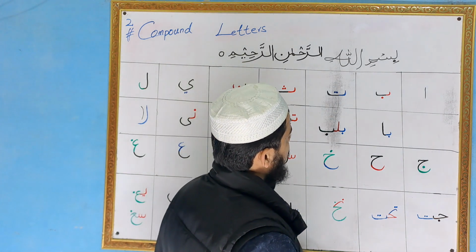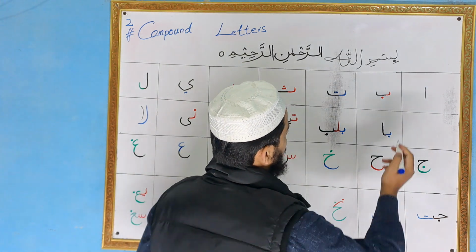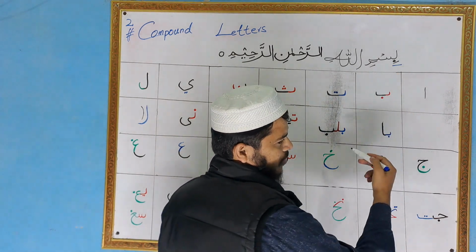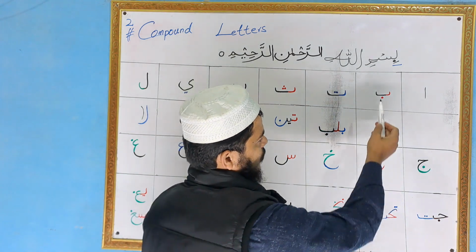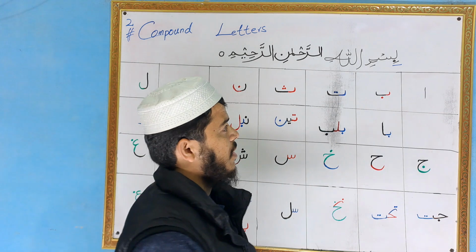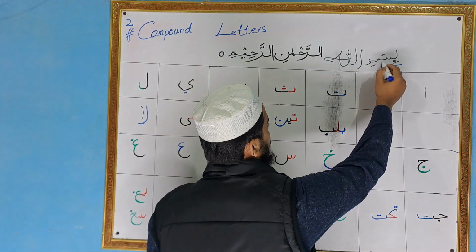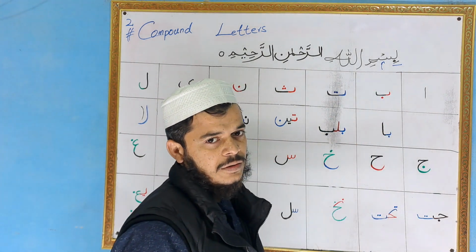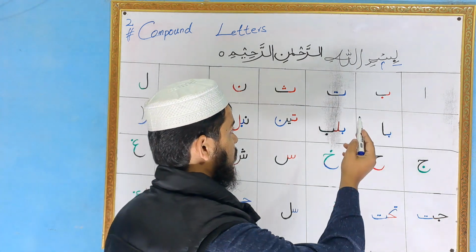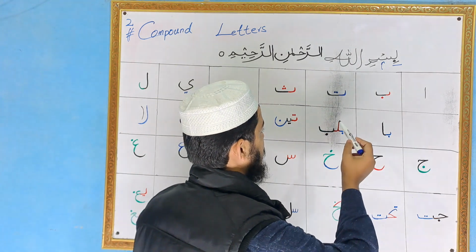Just like when 3 letters are coming together, the ba could come in the beginning as the first letter. Or the second possibility is that it could come in the middle of 2 letters. Then it could have a different shape than when it comes in the beginning.